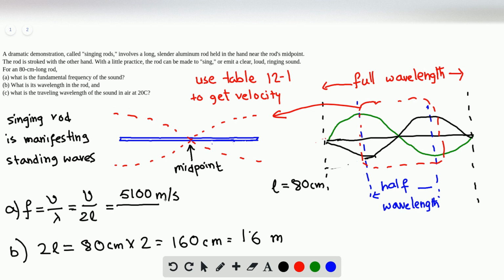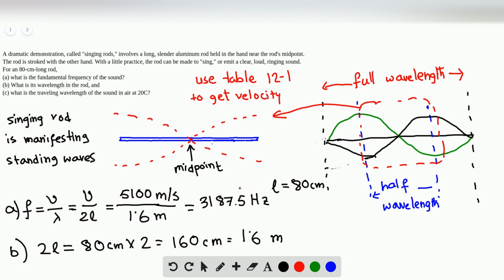To be consistent with the units on top, we need this in meters. So 2 times L gives us 160 centimeters, and converting that to meters we get 1.6 meters, and that gives us 3187.5 hertz.